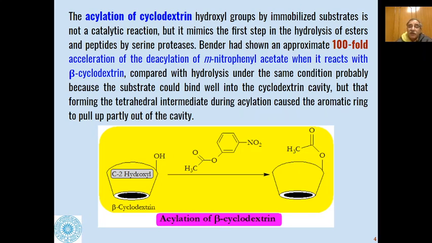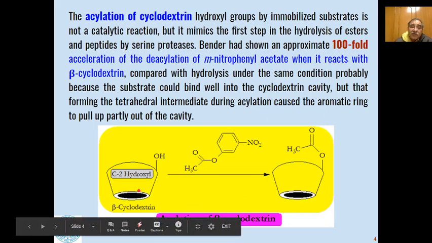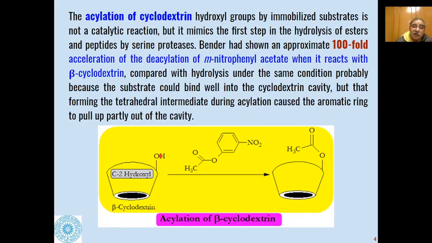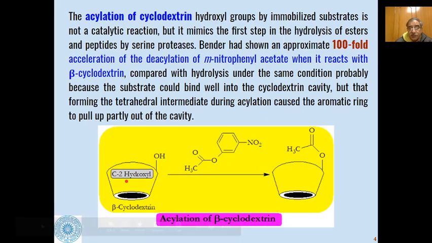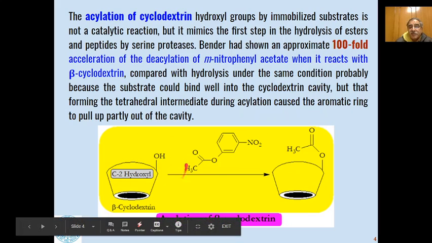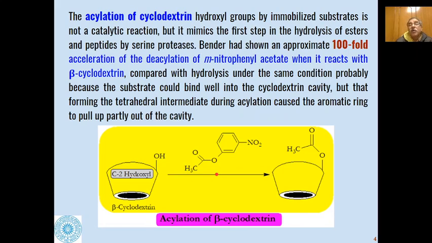We know that beta cyclodextrin has hydroxyl groups, and the hydroxyl group present at carbon 2 of the glucose molecule will act as a substrate for esterification, acylation with meta-nitrophenyl acetate.